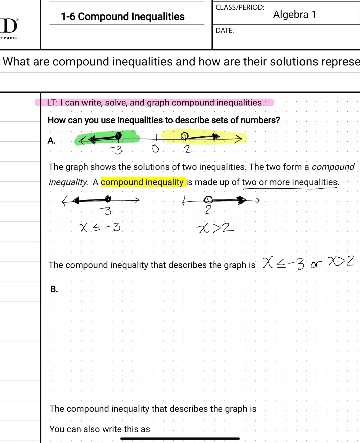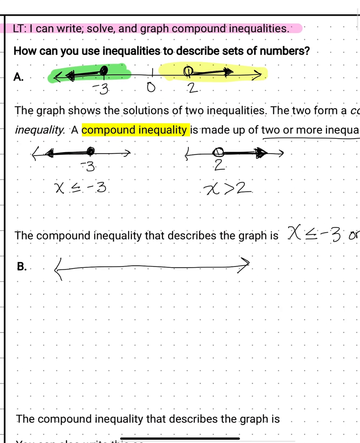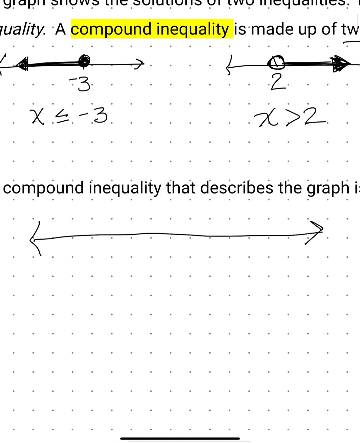Let's look at a second example. So for B, go ahead and sketch another number line. On this one, I'm going to have a value of 1. I'll note 0 here. And then -4 over here.